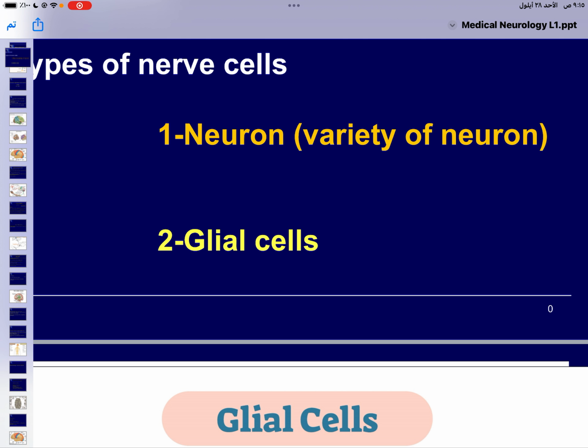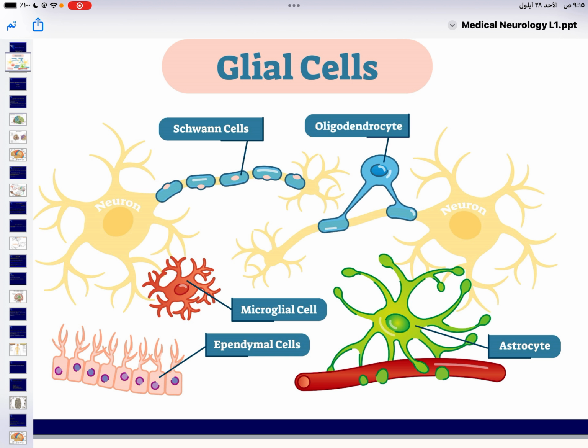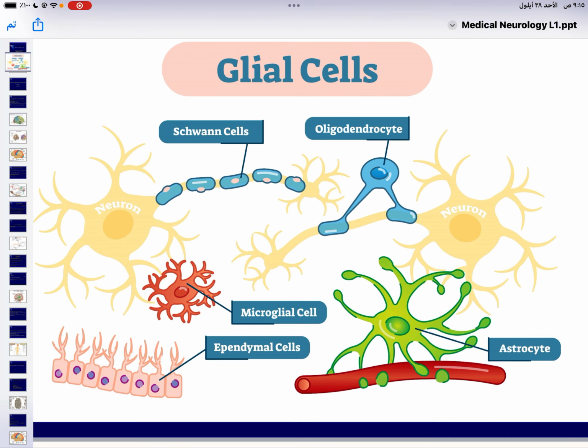And the second one, they call the glial cells, or supporting cells. Now, for example, this is the neuron. This is the body of the neuron, and this is the axon. And these are the glial cells, supporting cells.